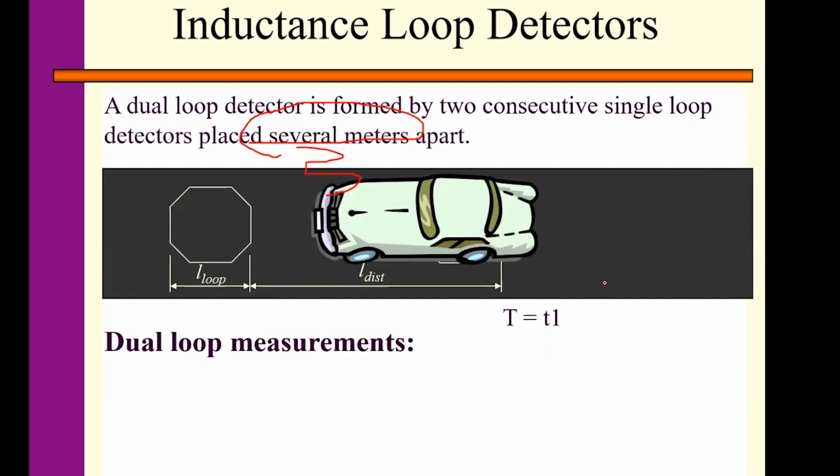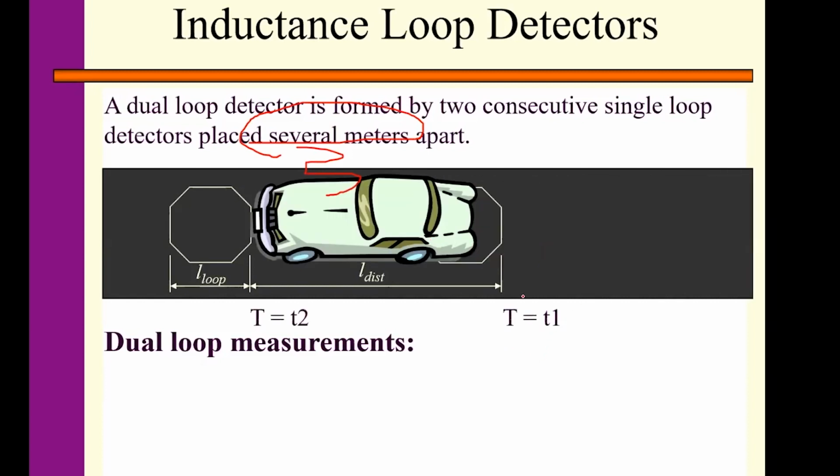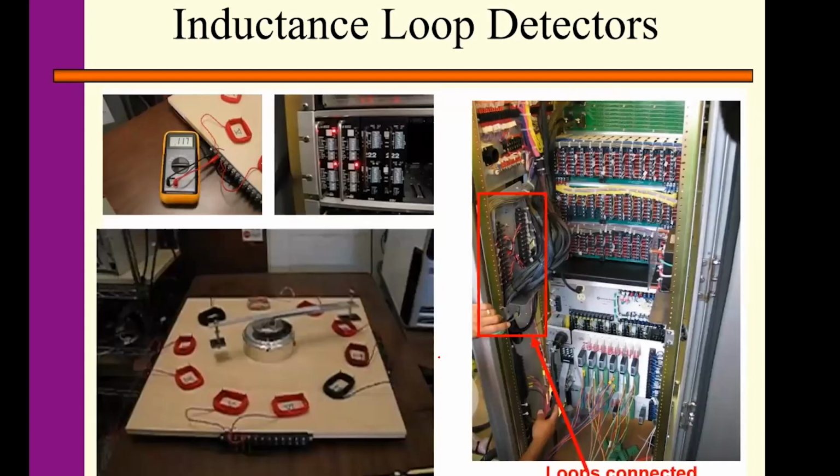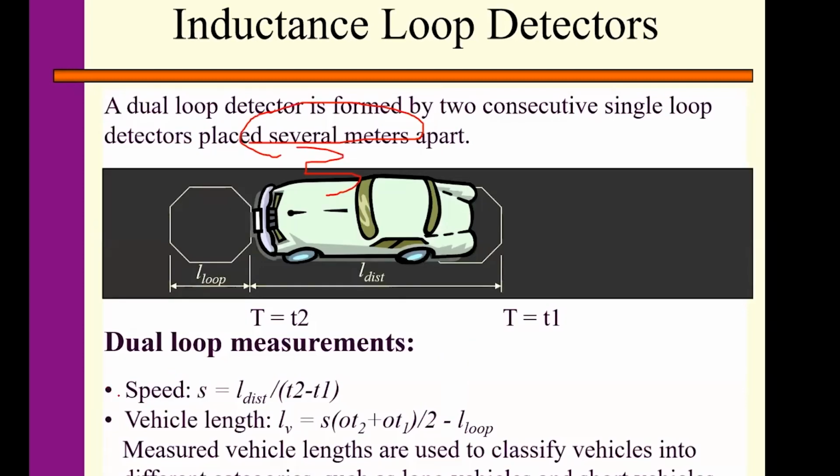When the vehicle passes through two loop sensors, based on the time difference of when the vehicle arrives at the two sensors, we can measure the vehicle speed. This is a more desirable measurement we want, which cannot be produced by the single loop sensor. And we can also measure vehicle length.